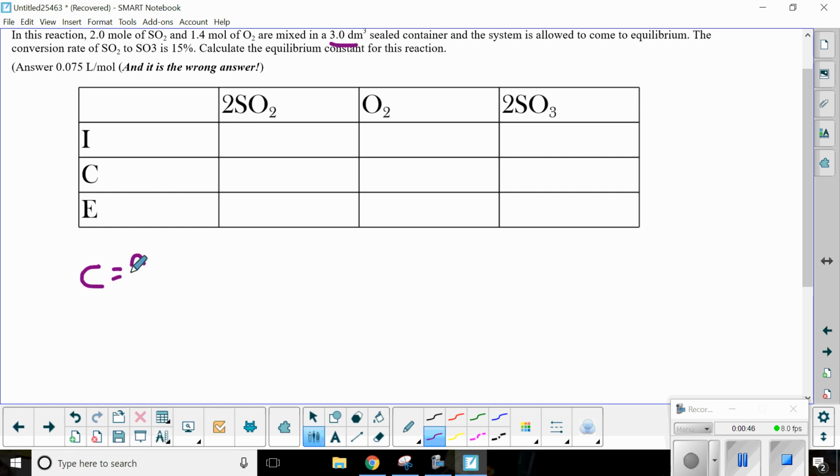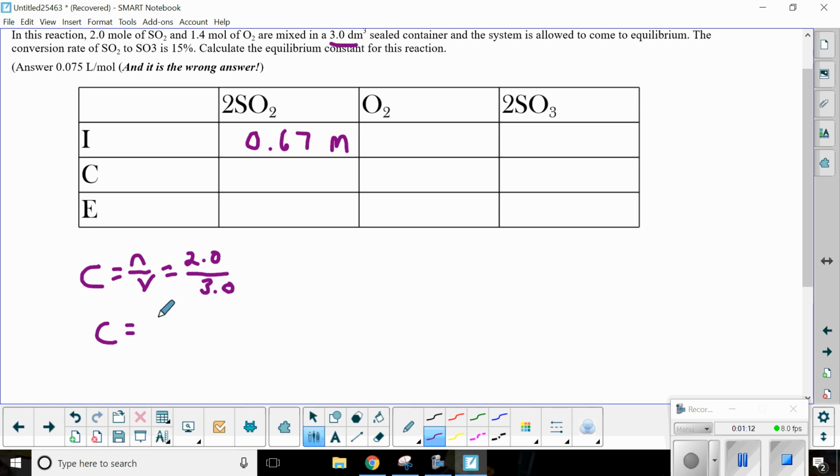So I've got to find my initial concentrations for all of these first. I'm going to do SO2 first. And SO2 had 2 moles over a volume of 3 decimeter cubed, and I'm going to round that to 2 sig figs and say 0.067 moles per liter.